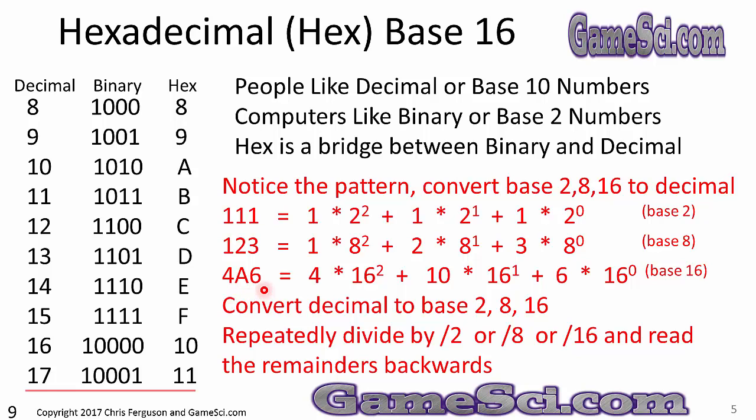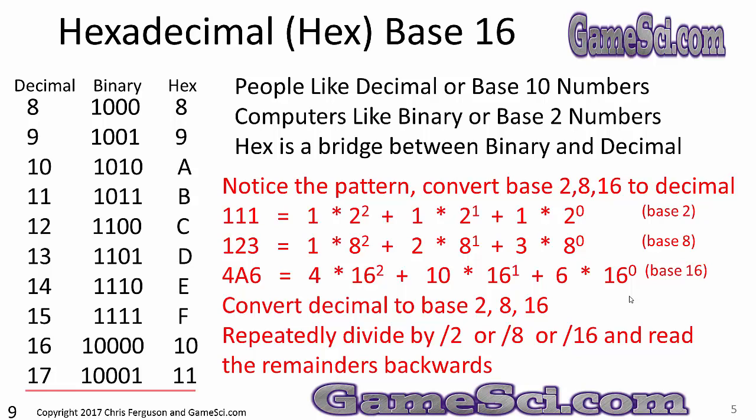How do I convert hex 4A6 to decimal? Multiply by powers of 16. 4 times 16 squared plus 10, which is the equivalent of A, times 16 to the first, plus 6 times 16 to the 0 power. Straight up, consistent pattern. When you want to convert from any base to decimal, you multiply by powers of that base.